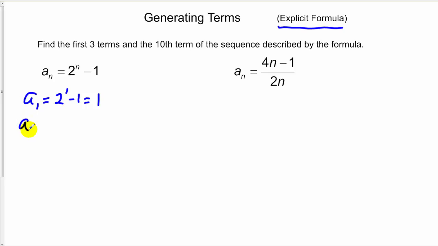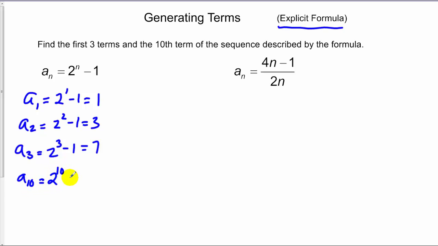If I want the second term, I let my n value equal 2. Then I have 2 squared minus 1 is 3. Third term, 2 to the third minus 1 is 7. And 10th term, let n equal 10, so I have 2 to the 10th minus 1 is equal to 1023.